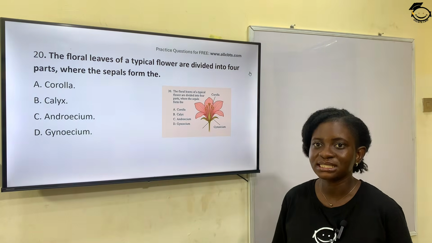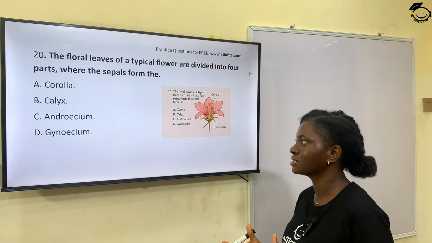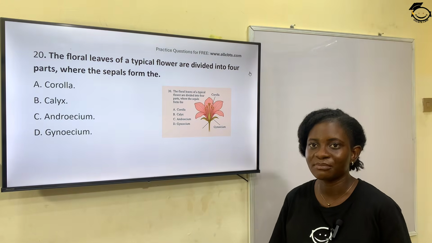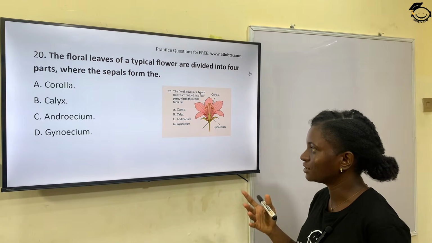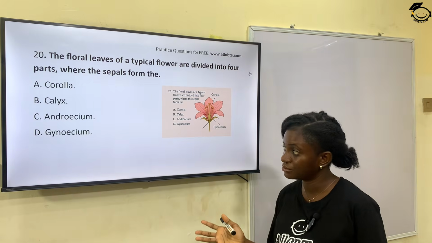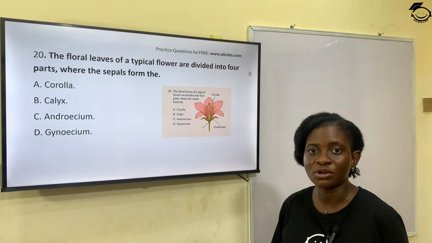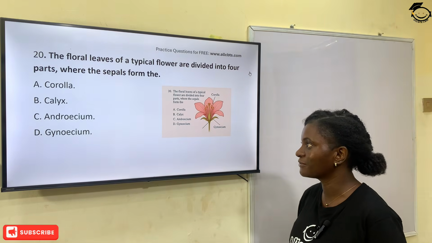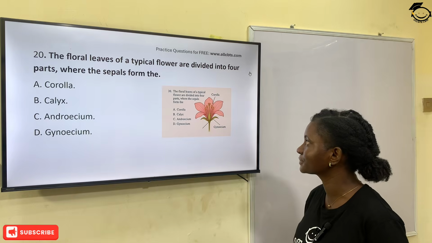The calyx contains the sepals that protect the flower buds, while the corolla contains the petals responsible for pollination. The androecium contains the male reproductive part, while the gynoecium contains the female reproductive part. So the correct answer is B, calyx.